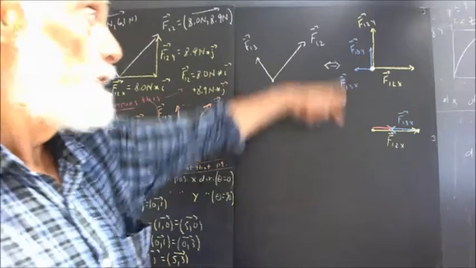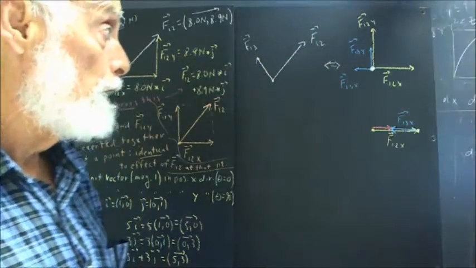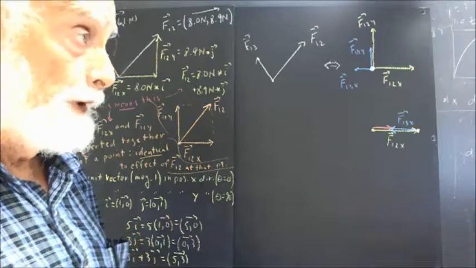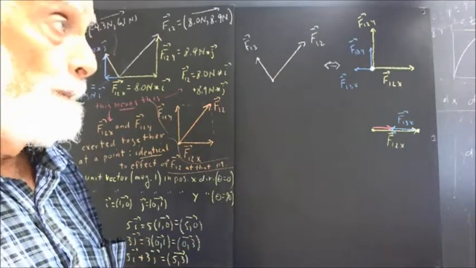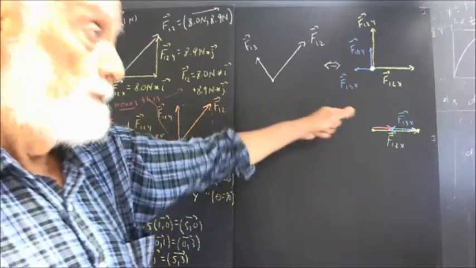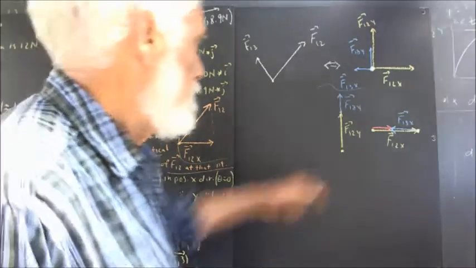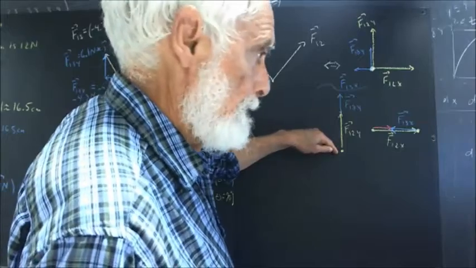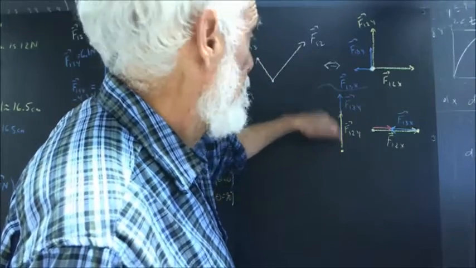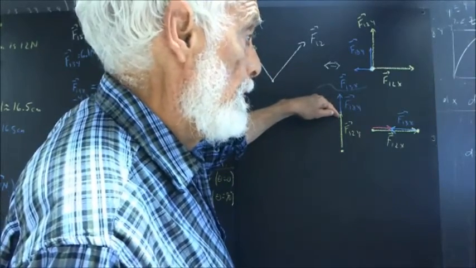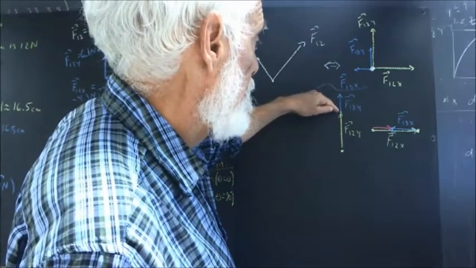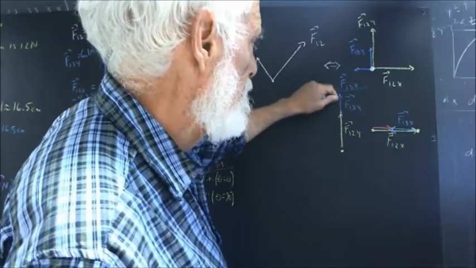I'm going to sketch the picture for the y direction, and you should sketch that yourself and compare, and then we'll go ahead and put everything together. So here I have my F12y vector, initial point here, terminal point here, then my F13y vector from here to here.